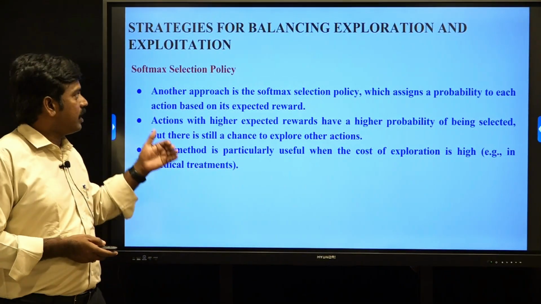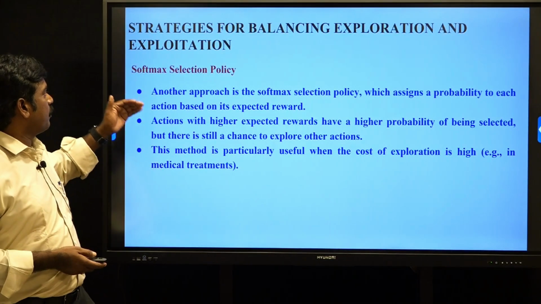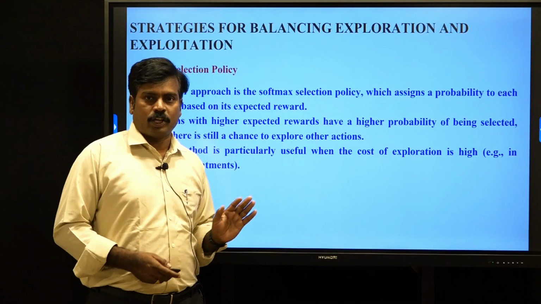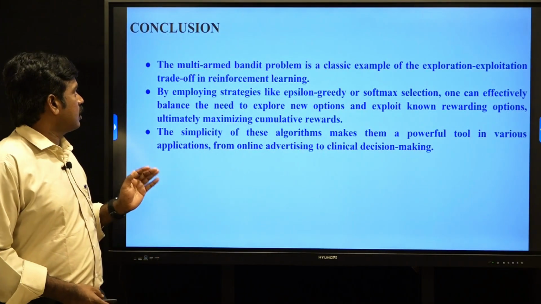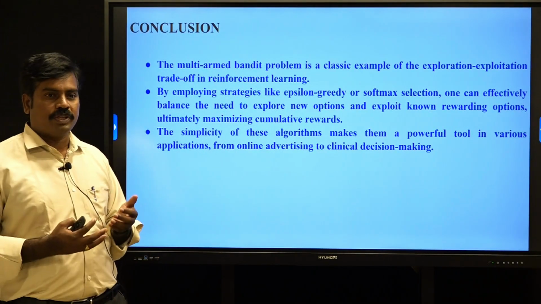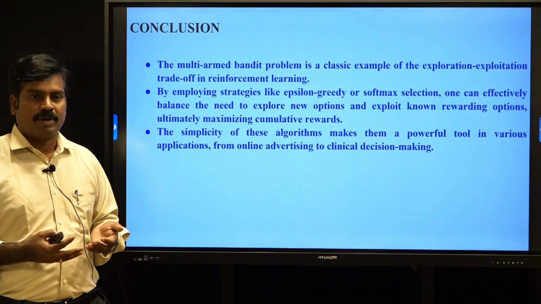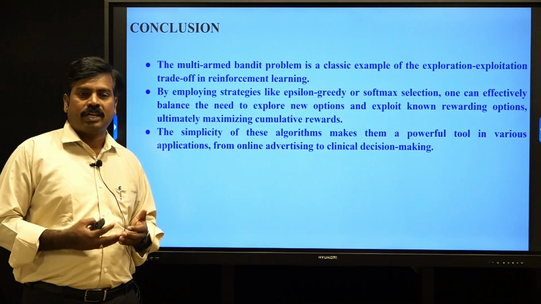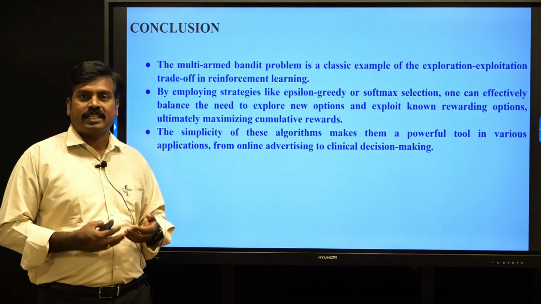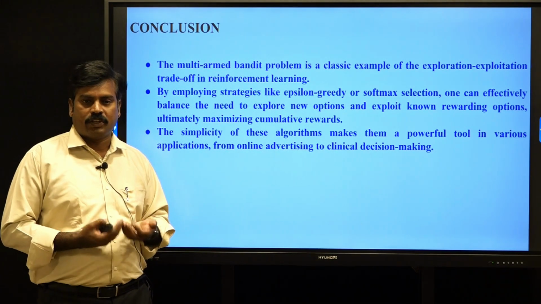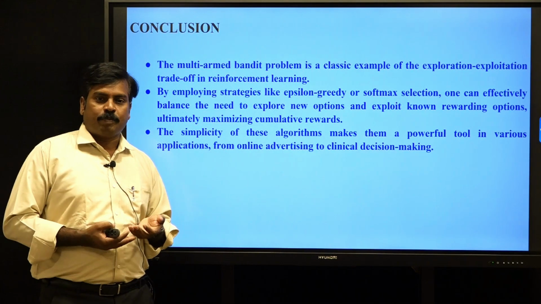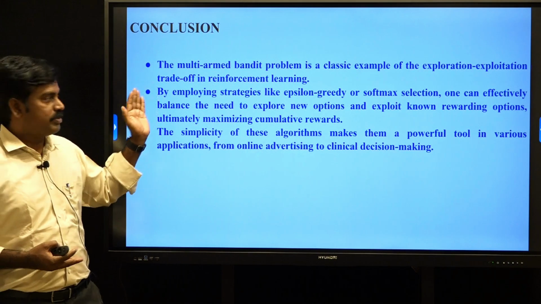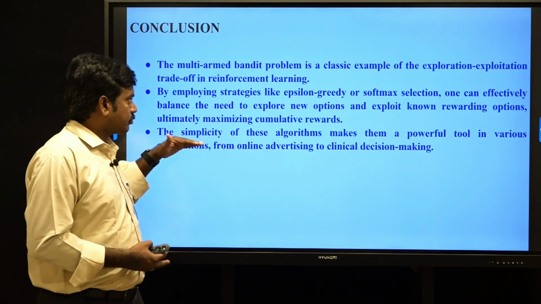Okay, these are the different approaches, different policies, to balance both exploration and exploitation. We use these strategies in the multi-arm bandit problem to make decisions in uncertain situations. Uncertain situations mean we don't know the probabilities, it is trial and error, and we apply this type of strategy.